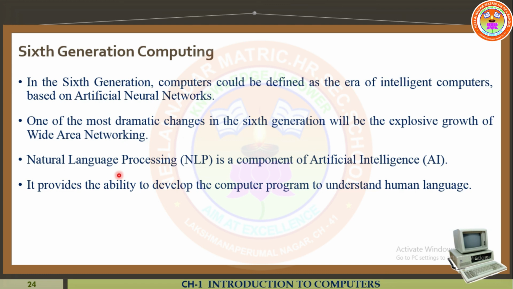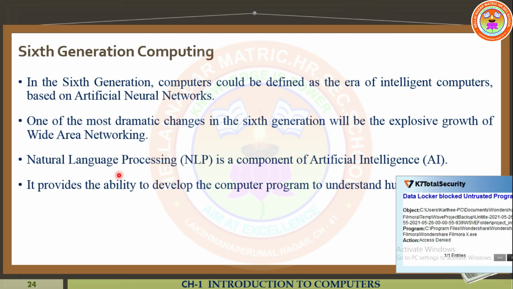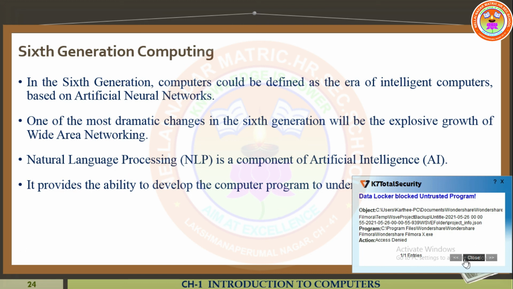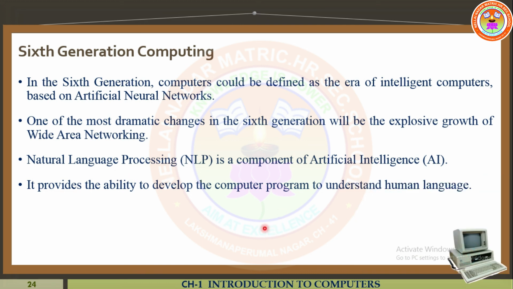The next information, NLP. NLP means natural language processing. It is a component of artificial intelligence. Yes, it is one of the very important components of artificial intelligence. So natural language processing is very helpful for the best performance of sixth generation computers. It provides the ability to develop computer programs that understand human language in the easiest manner.